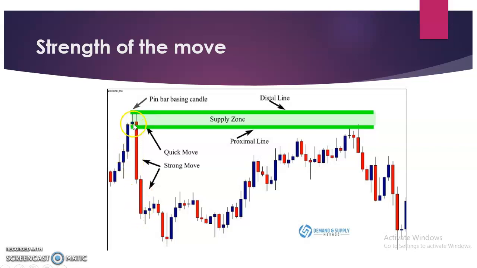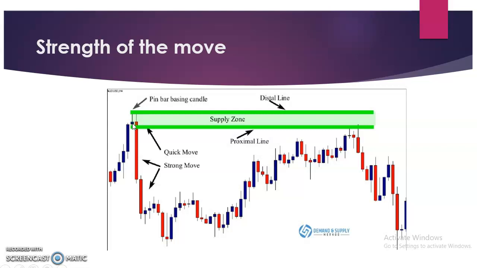Now, what do we do? Well, we just have to mark out our order block, or you call it base candle. Our base candle is going to be this particular pin bar before the huge drop to the downside. That bearish pin bar before the huge drop is going to be our order block.